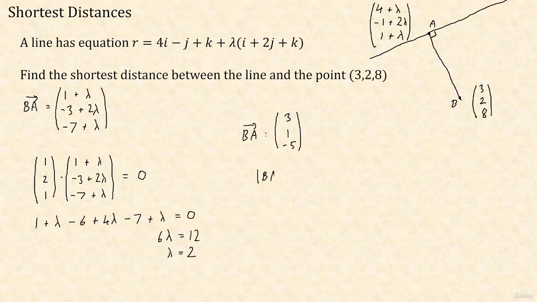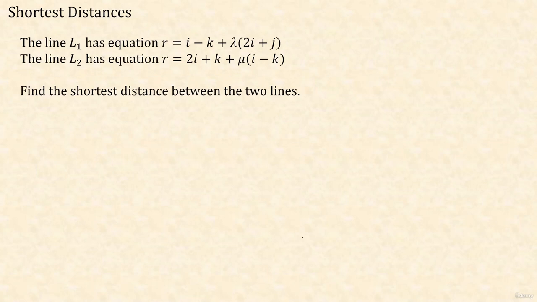It's the modulus of BA. And so I can just use Pythagoras for that. Right? It's the square root of 3 squared plus 1 squared plus 5 squared. So 9 plus 1 plus 25 is 35, and that's the square root of 35. And I'll just leave it in exact form.